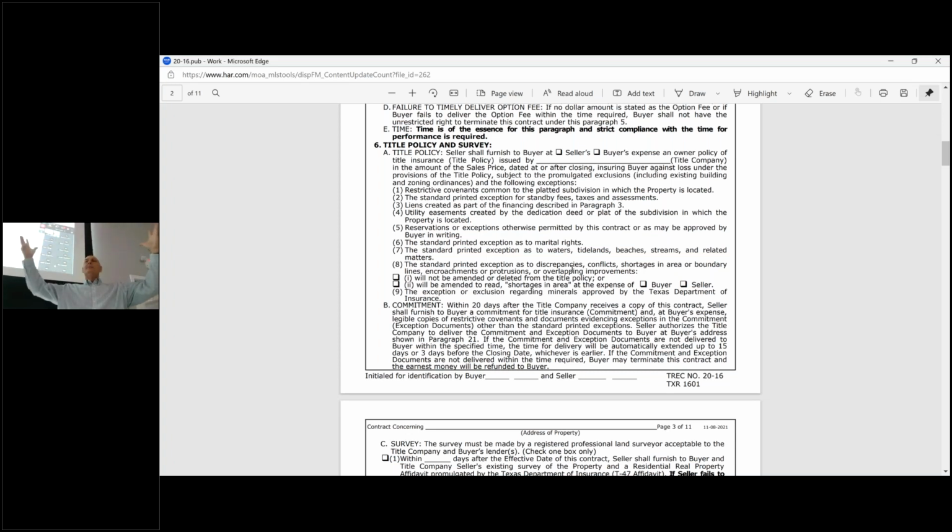When would this ever come up? Let's say that the MLS listing took, which it pulls automatically, the size of the lot, and let's say it's 45,000 square feet, and it pulled that information directly from the appraisal district. Appraisal district says the lot size is 45,000 square feet.